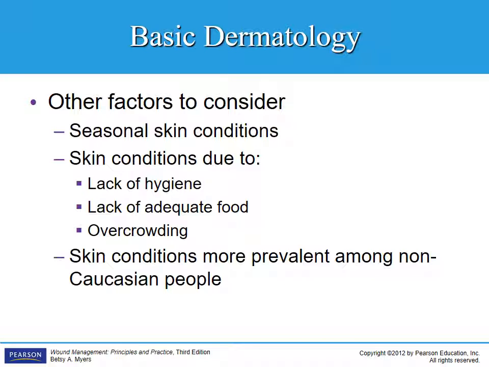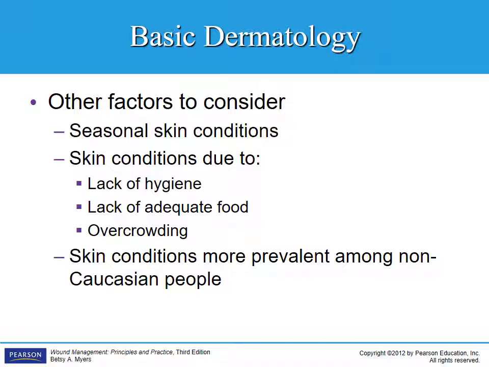Other factors to consider are seasonal skin conditions. I talked earlier about how changes can happen not only as a result of the sun, so there can be burns to the skin. We've already seen the sunburn, but there also can be changes to the skin as a result of severe cold.